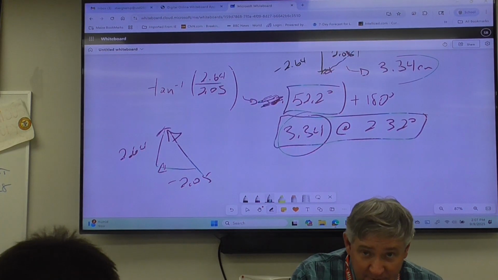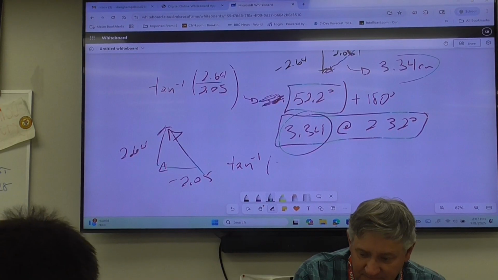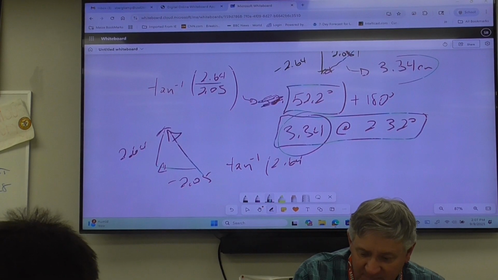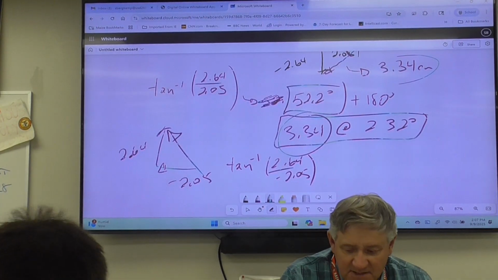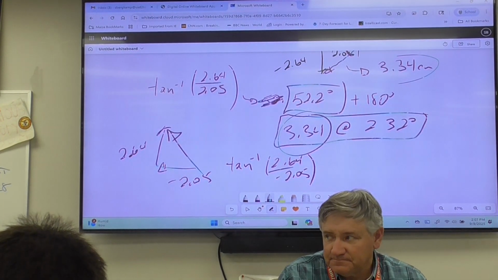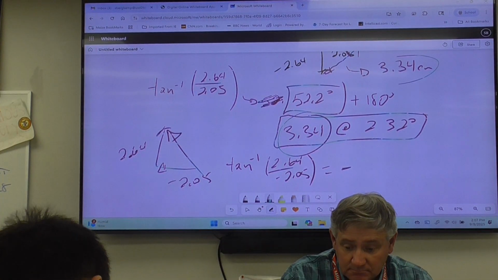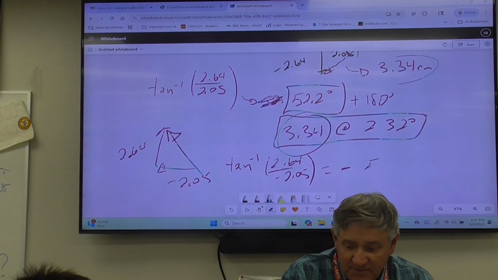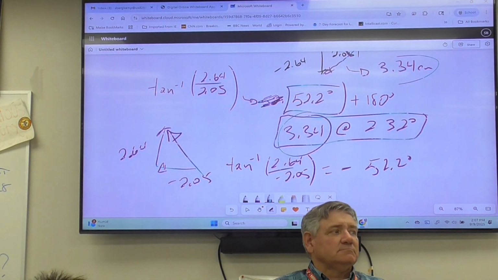So if you punch into your calculator the inverse tangent of 2.64 over negative 2.05, what does your calculator say the answer is? What'd you get? Negative 52.2 degrees, which doesn't make any sense, okay?